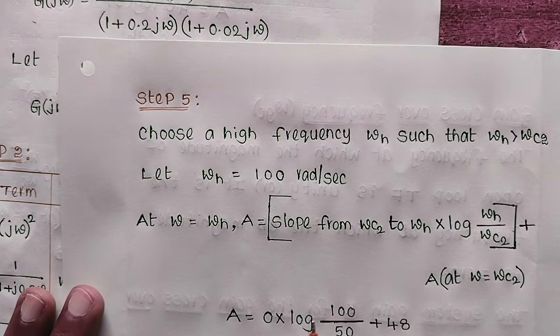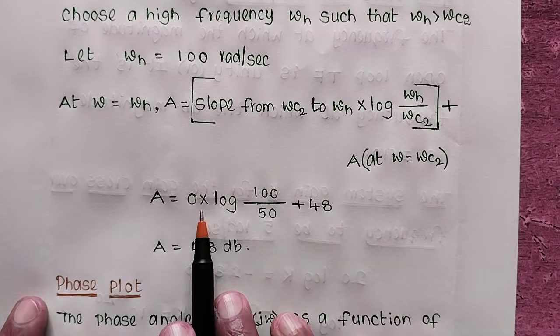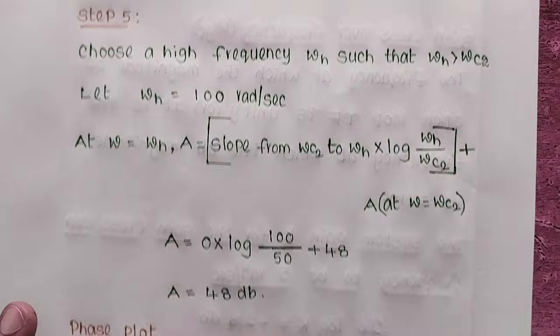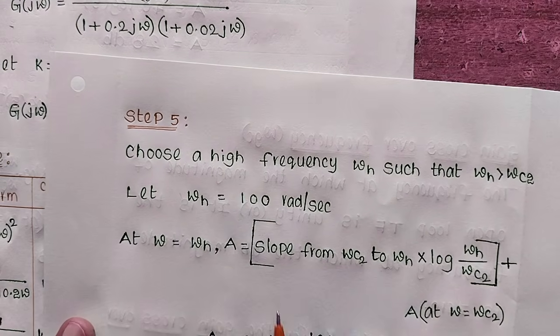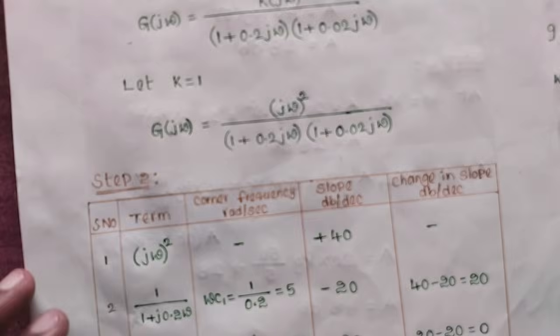So the slope from omega c2 to omega h is 0, into log, where omega h value is 100 and omega c2 value is 50 from the table.